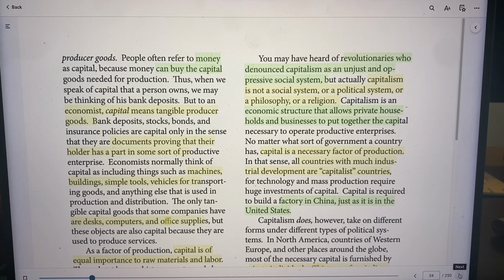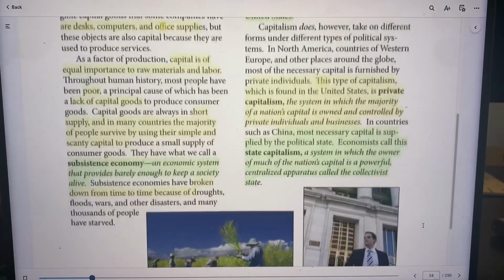Bank deposits, stocks and bonds, and insurance policies are documents proving that a holder has part in the productive enterprises. Yes, but still, as an economist, they consider capital more as things: machines, buildings, tools, vehicles, desks, computers, and office supplies are all capital. So let's go on here.